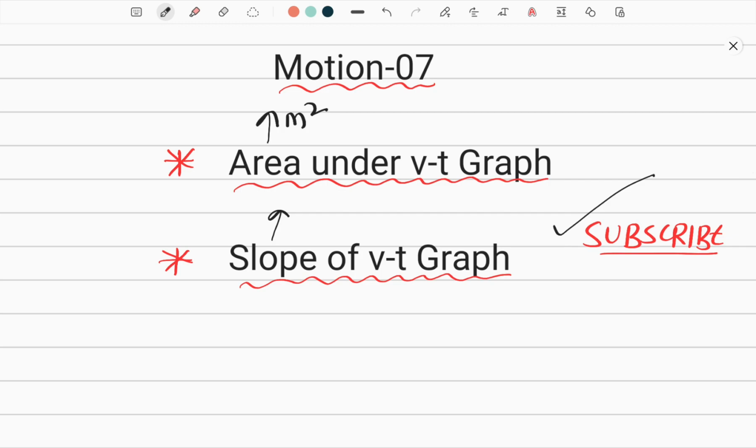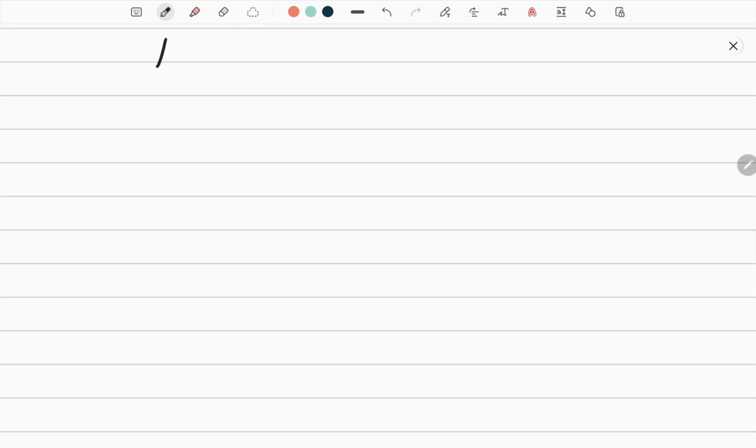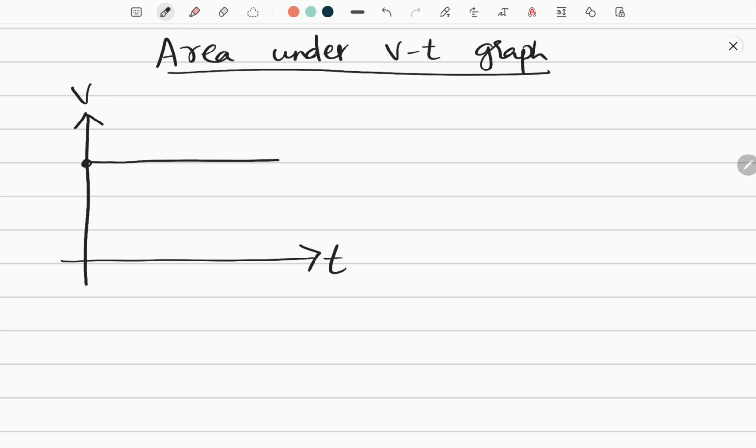So first of all, let us see the area under a VT graph. Let us have a look at this concept. Now you have an idea about the VT graph, right? For example, I have drawn a graph here, where this axis is velocity and this is the velocity-time graph.